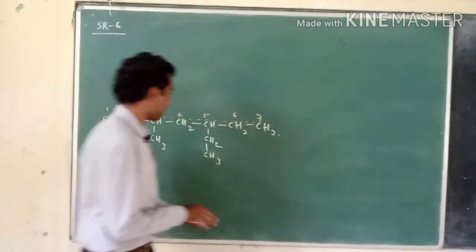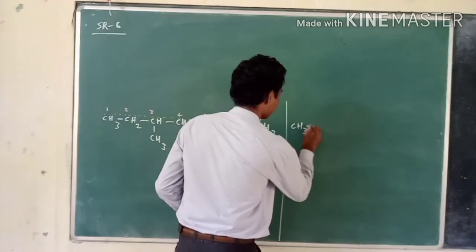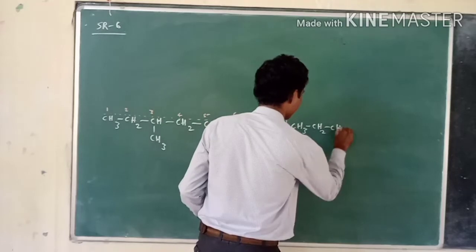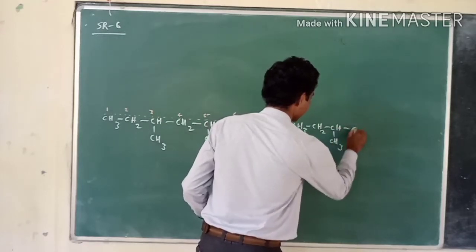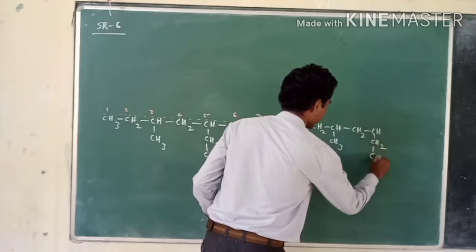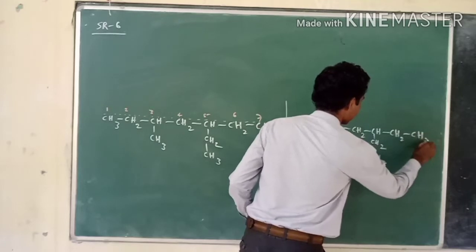Another one is, so let us take CH3, CH2, CH, CH3, CH2, CH, CH2, CH3, CH2, CH3. This is the molecule.